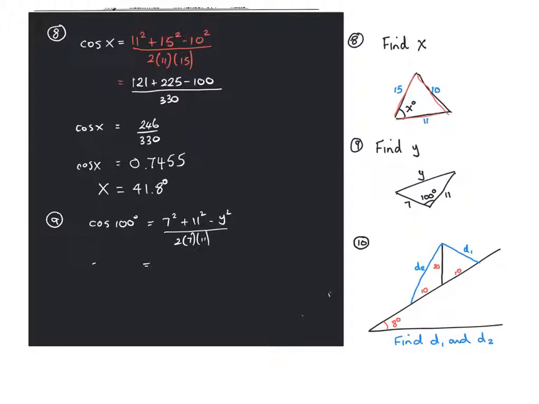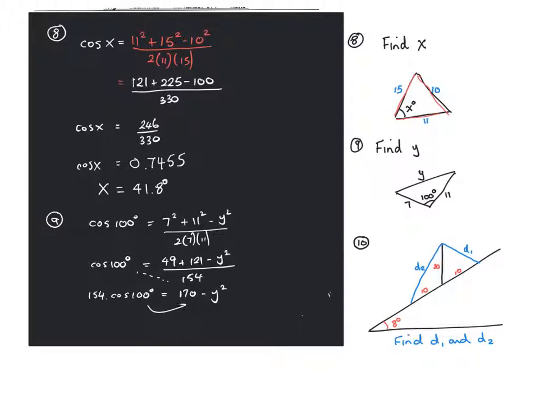So we know that cos 100 equals 49 plus 121 minus y squared all over, 14 times 11 is 154. So I'm going to take that across and multiply, so we get 154 times cos 100 degrees.